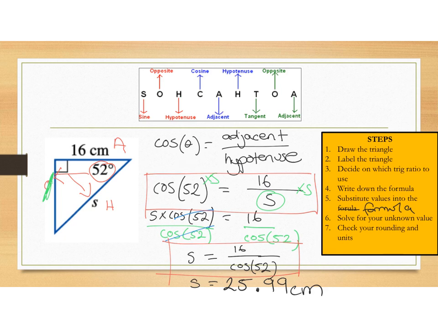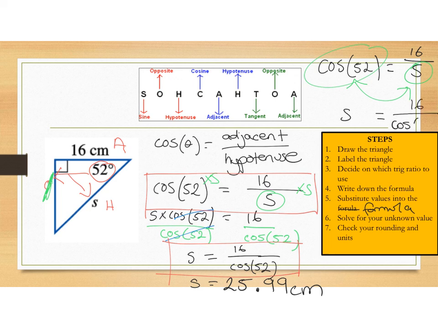So if you substitute your values into your rule, and you've got cosine of 52 equals 16 over S, and you want to get directly to S being by itself, you can just switch these two around, and on your next line you'll have S equals 16 over cosine 52. So I don't mind if you do that.